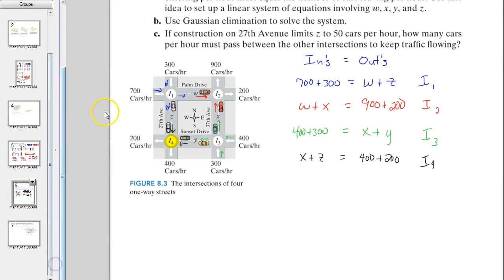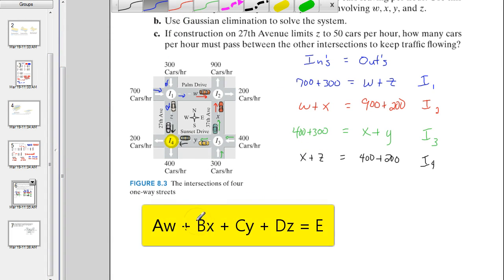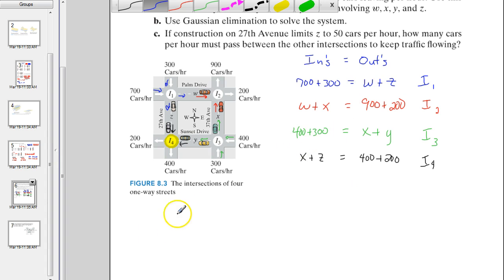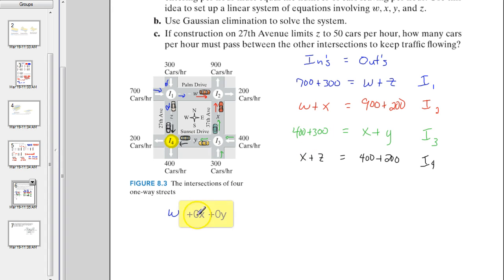I want to write them, though, with the W, X, Y, Z equals a number. I want the letters on the left, the numbers on the right. So I have a W and a Z, so I'm going to write W, X, Y, and then a Z. So W plus Z, I'm just leaving some space where the X and the Y would be, equals 700 plus 300 is 1,000. Okay, and then I have W and X in the red.